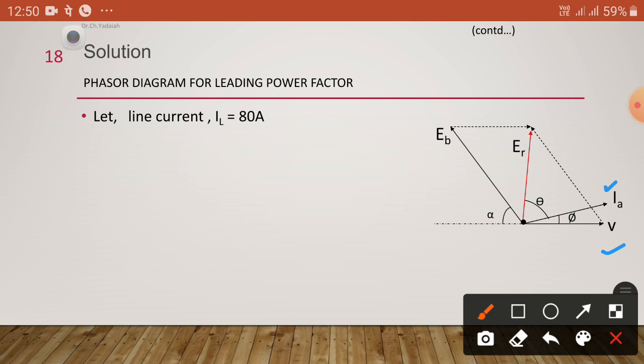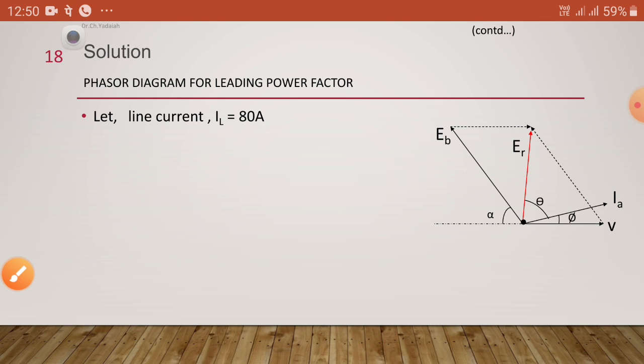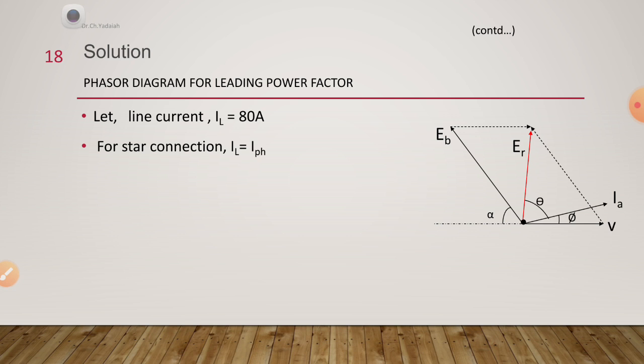So from the basics, the line current IL is equal to 80 amperes. For star connection, IL is equal to I phase. Line current is equal to phase current, whereas the line voltage is equal to root 3 times of phase voltage. Now armature current per phase is the same because it is connected in star.